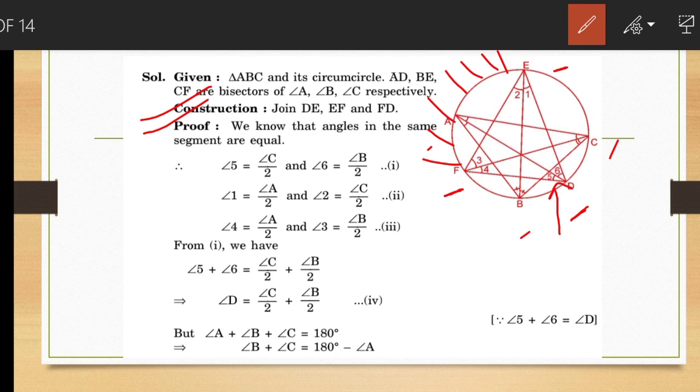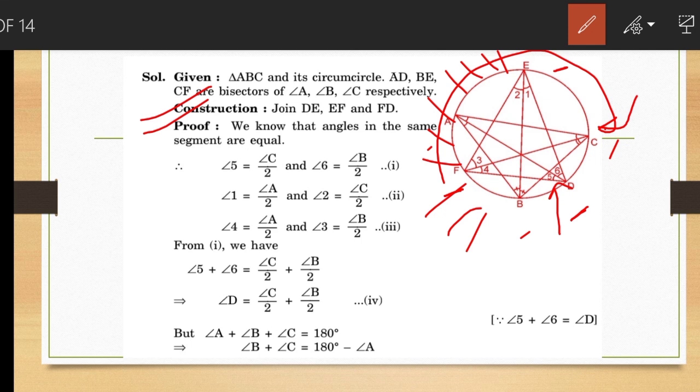Angle C is bisected, so angle 5 is equal to C by 2 if we consider the segment BE. If we consider angle 6, then it is equal to B by 2, which is at the segment FC.